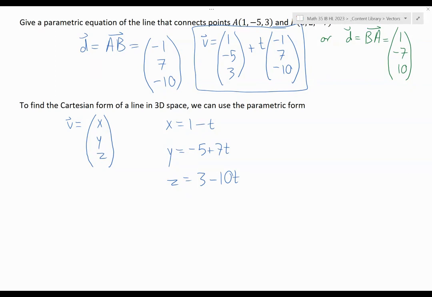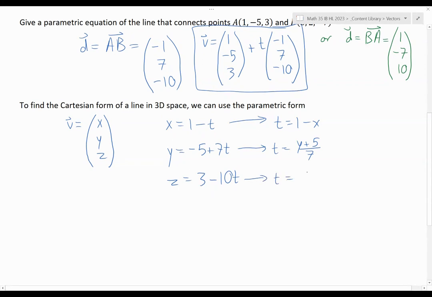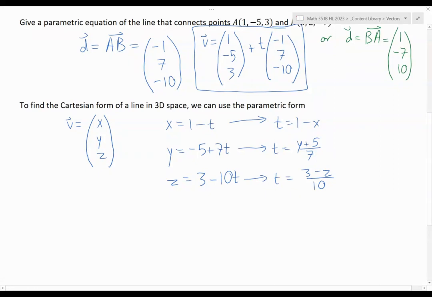So if I rearrange each of these equations to isolate t, t equals 1 minus x, t equals (y plus 5) over 7, or t has to equal, I'm going to call it, (3 minus z) over 10. It could be (z minus 3) over negative 10, it doesn't really matter. Each of these statements has to be equal to t.